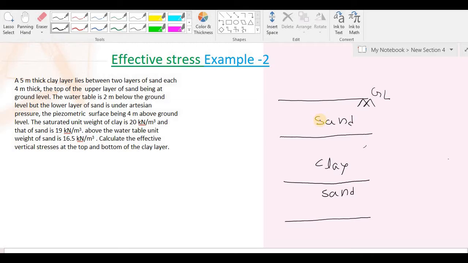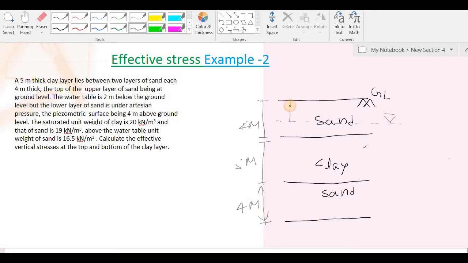The water table is 2 meters below the ground level, but the lower layer of sand is under artesian pressure. So it means that the water table is here. This is 4 meters, this is 5 meters, and this is 4 meters.